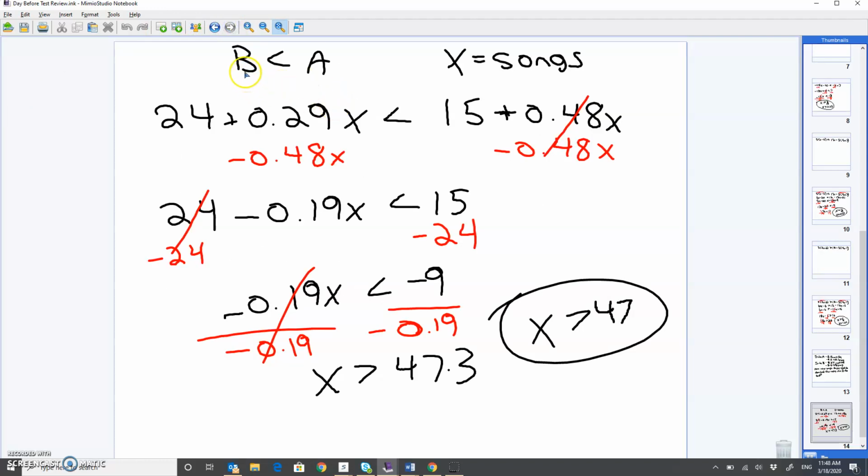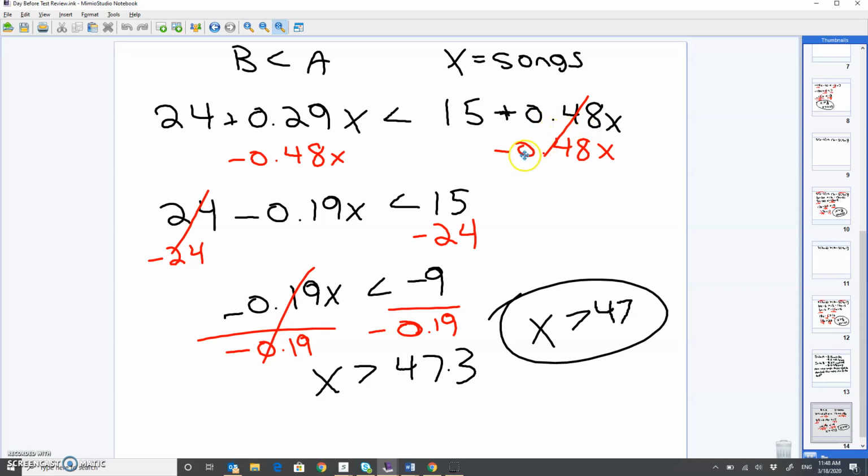Once again, we need Site B to be less than Site A. X is our songs, as that's what we are looking to solve for. So $24 a month plus 29 cents per song has to be less than $15 a month plus 48 cents per song. If you can set up the equation, solving the inequality should be the easier step.